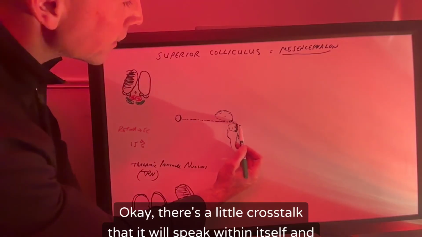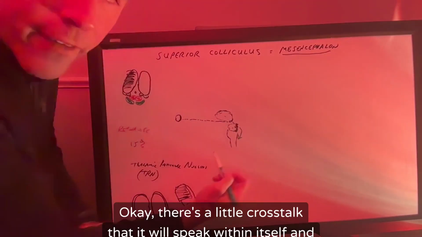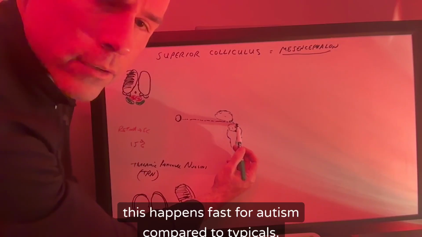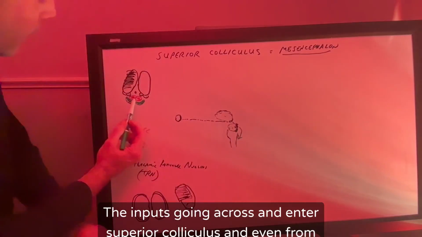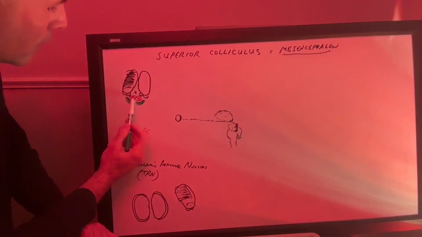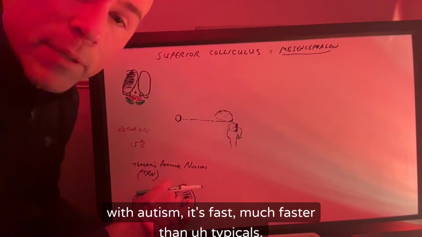There's a little crosstalk, it will speak within itself, and this happens fast for autism compared to typicals. The inputs going across and entering the superior colliculus, and even from side to side, contralateral. With autism, it's fast, much faster than typicals.